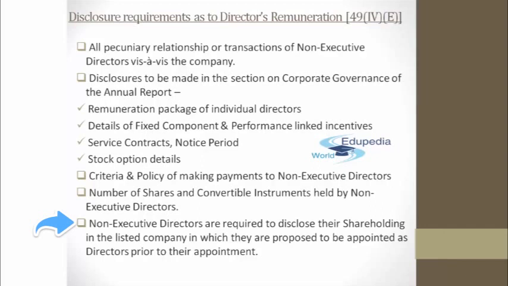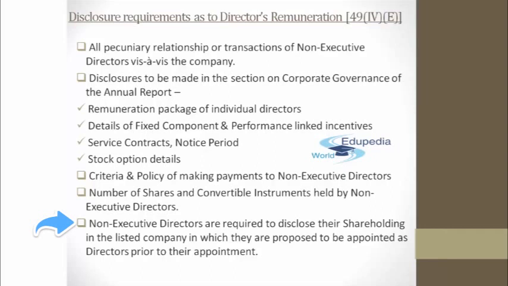This was all about the disclosure requirement as to the director's remuneration. All pecuniary relationships and transactions of non-executive directors with the company need to be disclosed. Each and every kind of disclosure needs to be made in the section on corporate governance of the annual report relating to the remuneration packages, details of fixed and performance linked incentives, service contracts, notice period and stock option details.